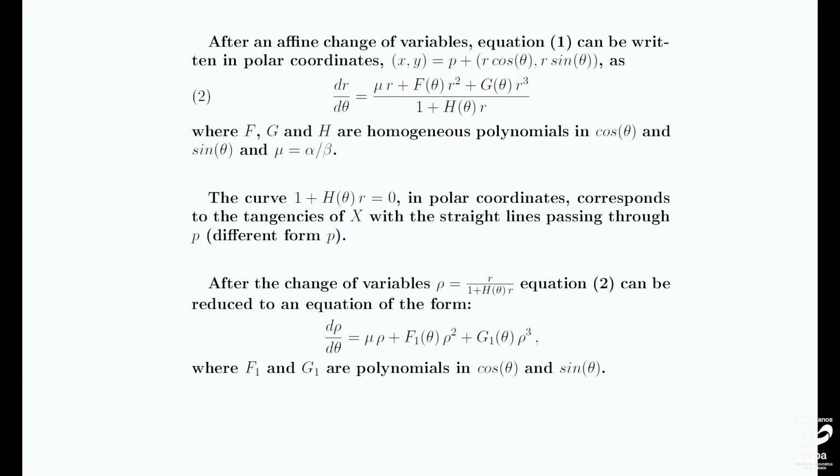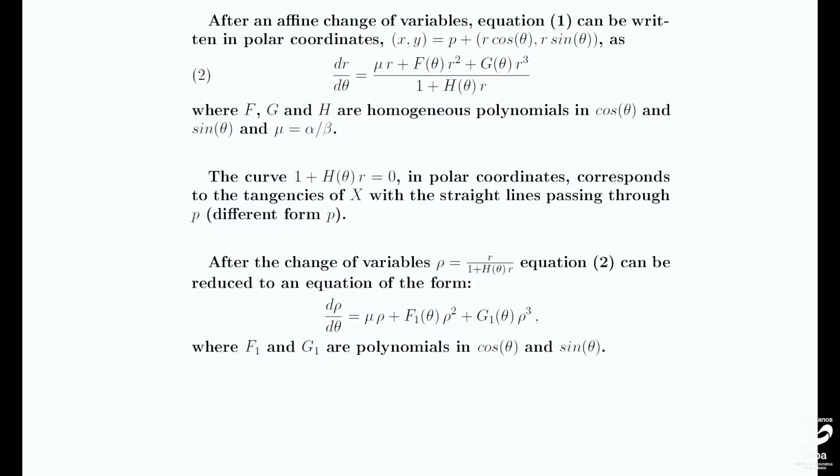And after you do another change of variables, rho equals r over 1 plus h r, then in this way the curve of tangents 1 plus h r goes to infinity, and you find this equation, which is of the form I have considered before, but of degree 3.